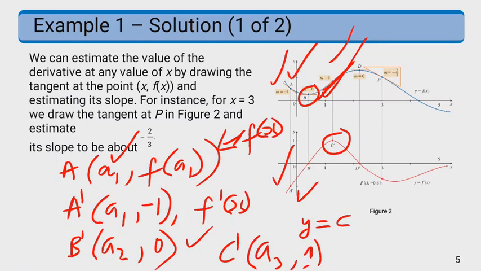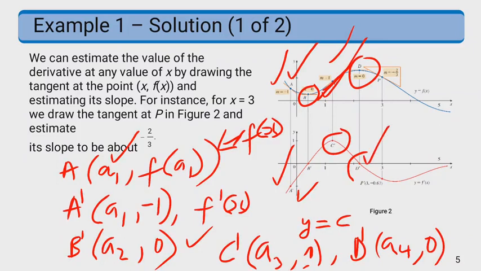You can keep going, and then you get to D, where the graph becomes horizontal again, and when it's horizontal you know your slope is 0. That means you have D prime, at A4, but the value of y is 0.